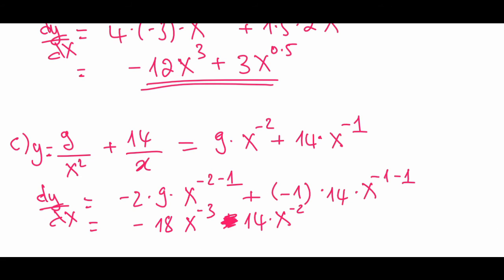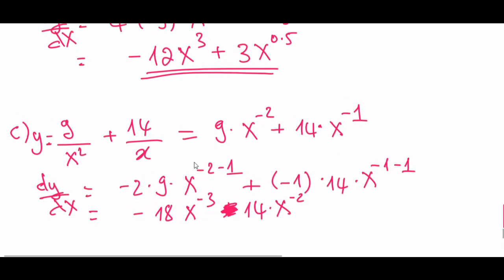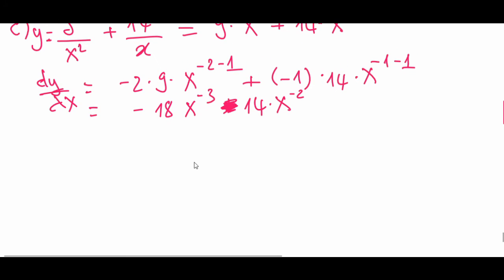Now I can write this equation in the form negative 18 divided by x to the power 3 minus 14 divided by x to the power 2.